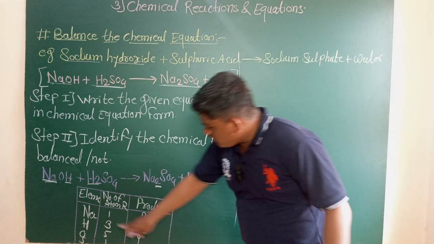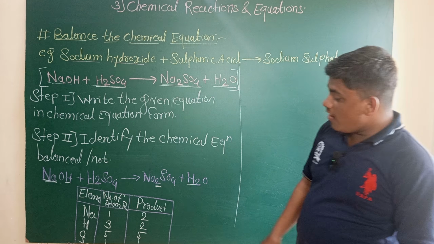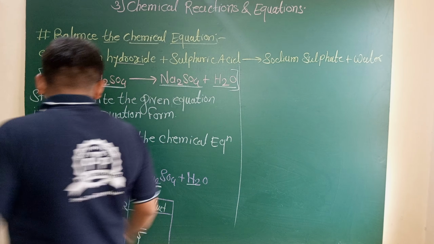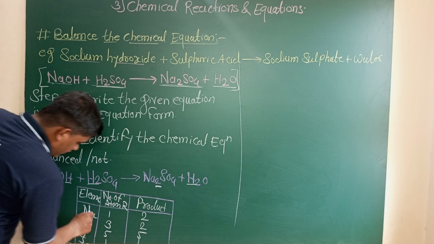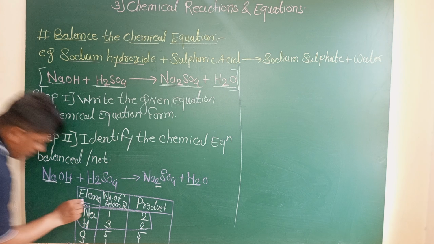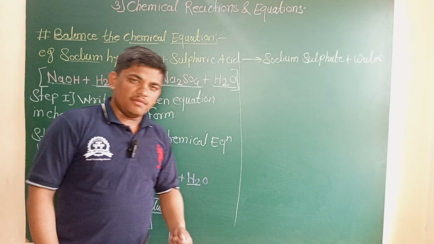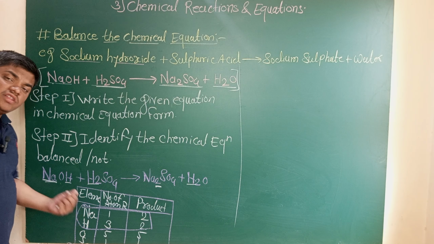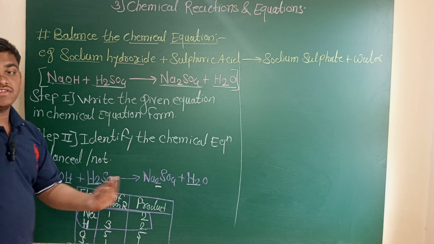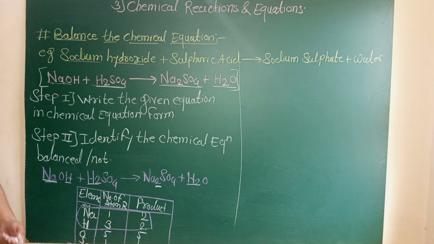But in this equation, the numbers of sodium and hydrogen atoms are different in the reactants and products. That means the above chemical equation is unbalanced. Sodium and hydrogen are unbalanced.